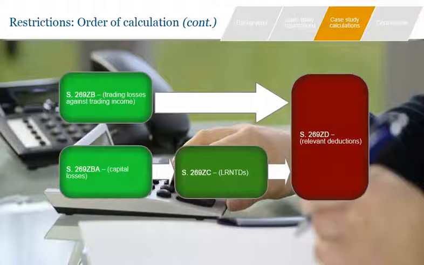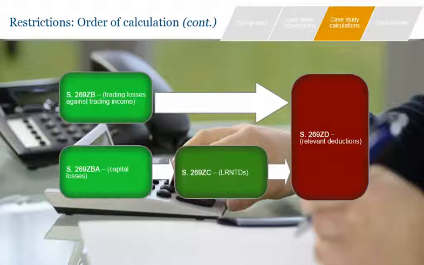For non-trading losses, those within section 269ZC, we need to consider both loan relationship non-trading deficits and capital losses. Of the two, the legislation requires that unrestricted capital losses must be deducted first, and that any unrestricted loan relationship non-trading losses can only be deducted after the capital losses have been relieved.